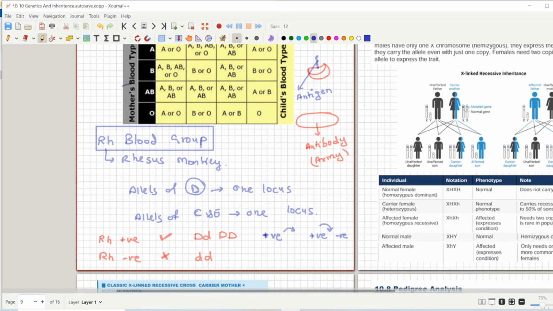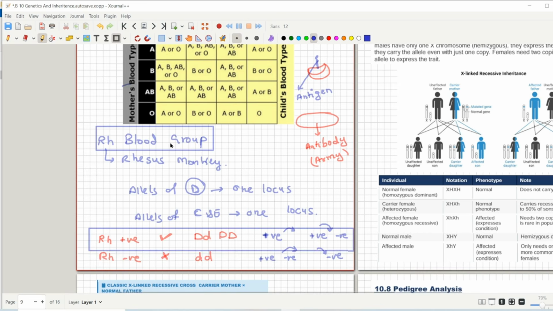If we talk about the negative blood group system, then negative can donate to all of these, it can donate to positive, it can donate to negative, right? But it can only receive from negative blood group. So these are the things that you have to keep in mind for blood group systems.